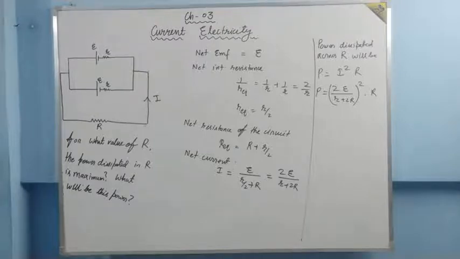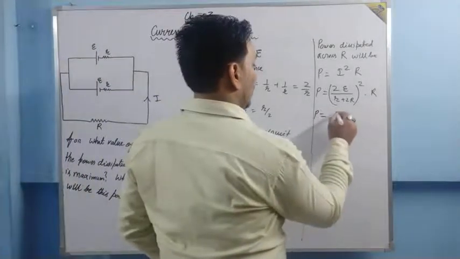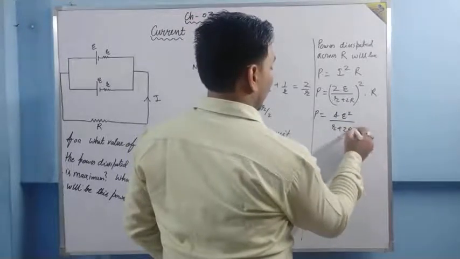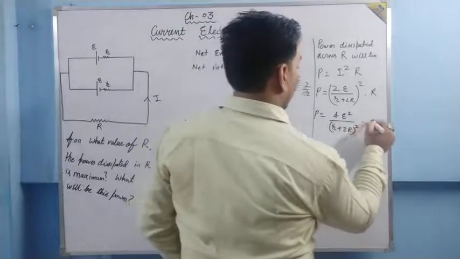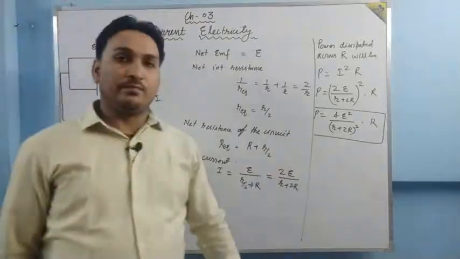Now, if we solve this, what we are going to have? P is equal to 4E square upon r plus 2R whole square into R. This is the value of power dissipated across R. Now the question is, when is this power maximum?